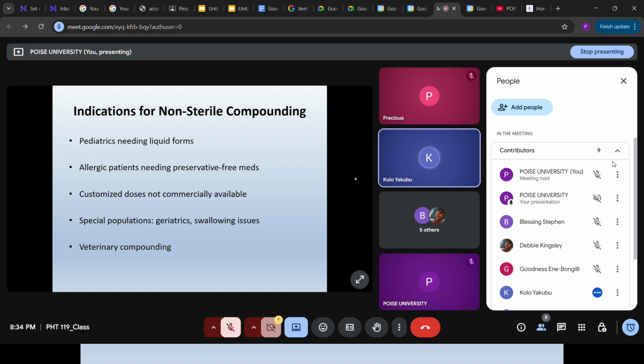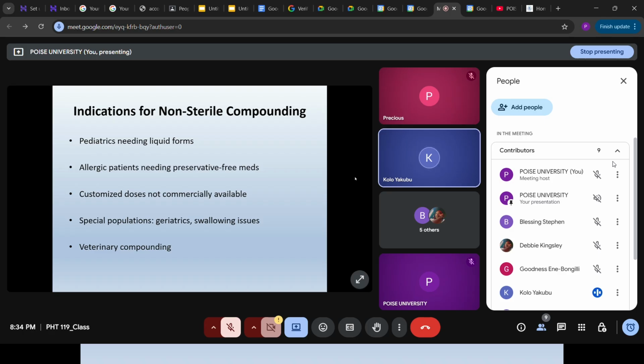So you find out that sometimes you have patients who could take the medication, but the issue is that they're allergic to certain components of the medication. So what do you do in that case? You take the ingredients that you will normally have on the shelf in the pharmaceutical laboratory and put them together minus that particular preservative, if that's the problem, so that the patient gets the medication without that particular ingredient, or substitute the preservative with another one that will not be a problem for the patient.